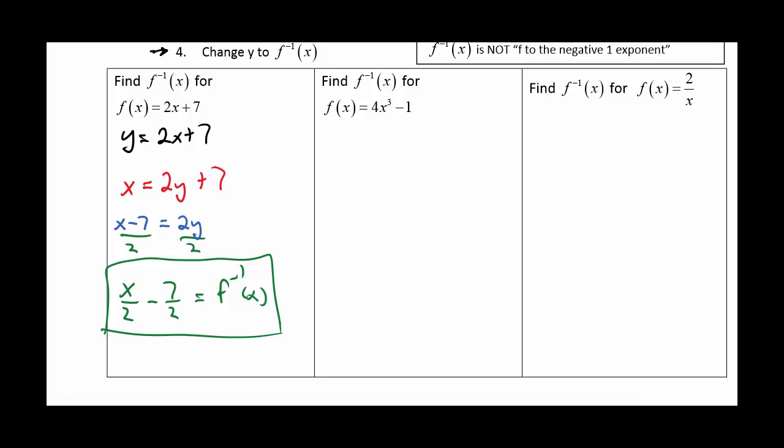Okay, next example. Again, swap out f of x with y. So y equals 4x cubed minus 1. Then we're going to interchange x with y. So x equals 4y cubed minus 1. We'll add 1 to both sides.